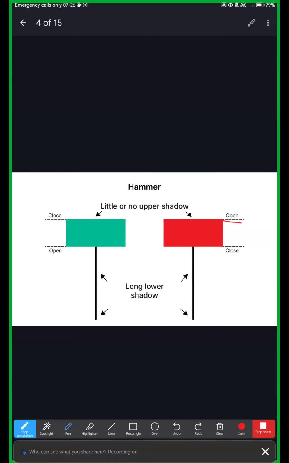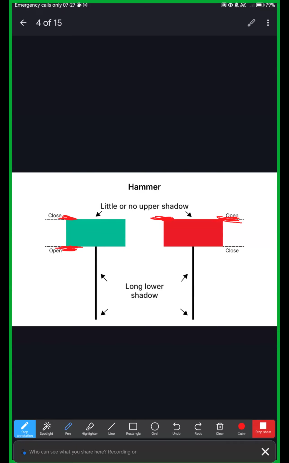The open, high: this is the open, here is the open. In this candle, where it opened happened to be the high. So in the process of a hammer, it is when the open and the high, this is the open in this red candle, this is the open in this green candle, this is the high in this red candle.